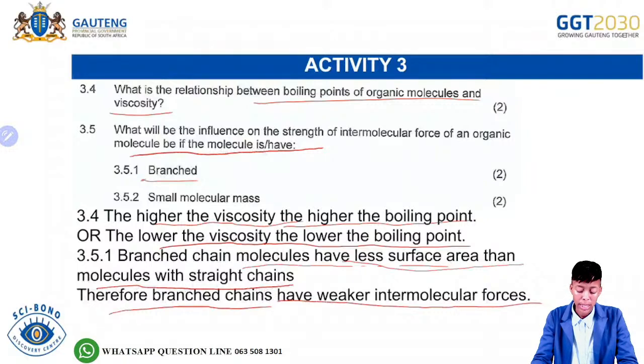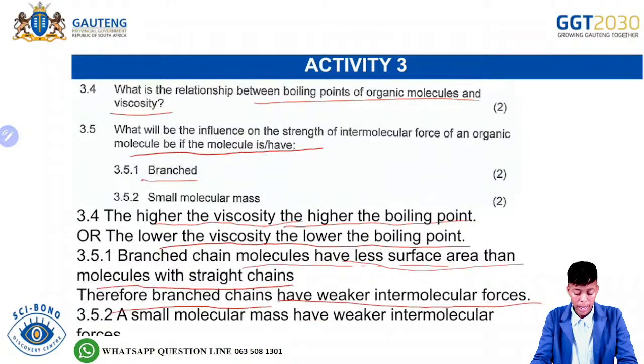So if branch chains have weaker intermolecular forces, it means that if we compare a branch chain and a straight chain, the straight chain would therefore have stronger intermolecular forces. 3.5.2 says, the influence on the strength of the intermolecular forces if the molecule has a smaller molecular mass.